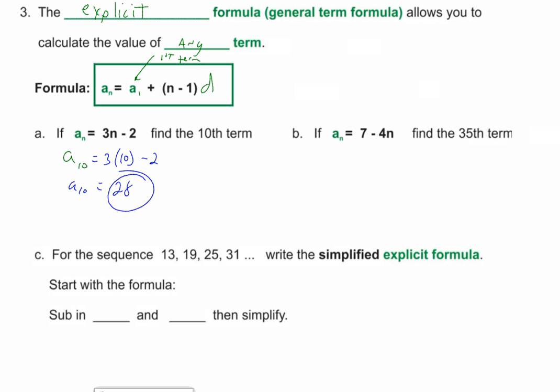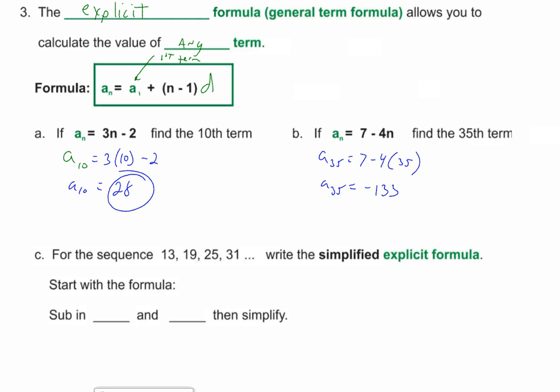Right, so if you know what to do, all you're doing is subbing in the value for n. Pretty simplistic when you've got an explicit formula. Let's see, 70, 140, negative 140 plus 7, negative 133. If my brain is working today, it definitely wasn't yesterday.